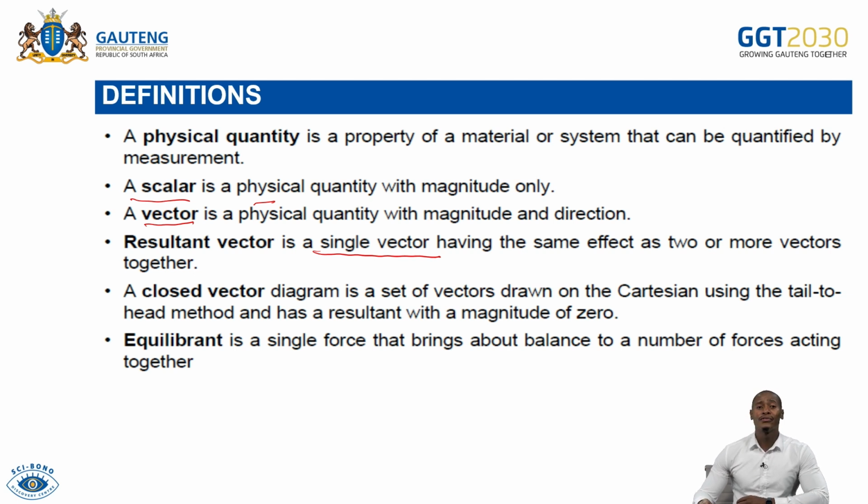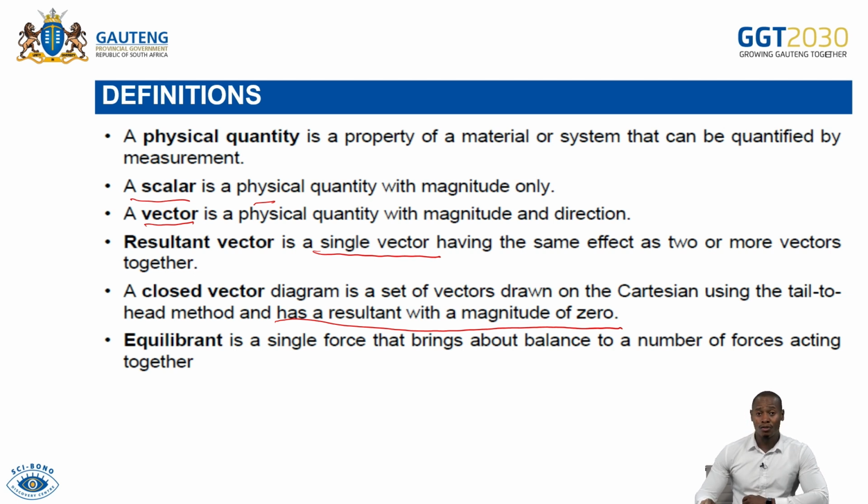Then the closed vector diagram. A closed vector diagram is a set of vectors drawn on the Cartesian plane using the tail to head method, and has a resultant with a magnitude of 0. This is very, very important when you define a closed vector diagram.